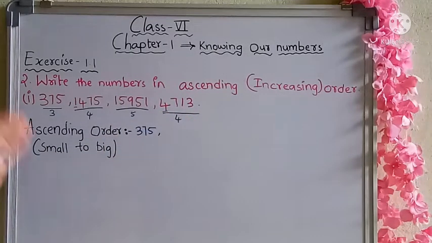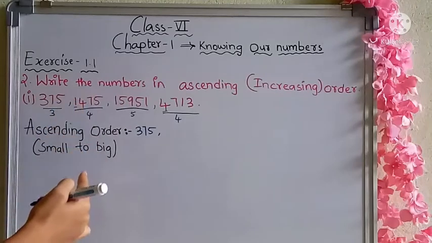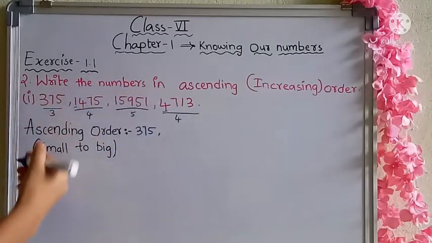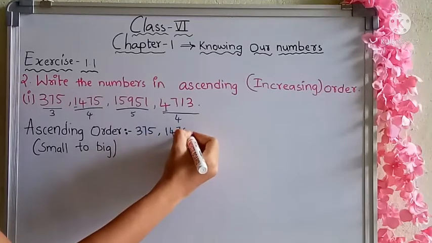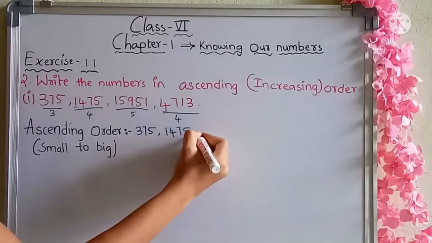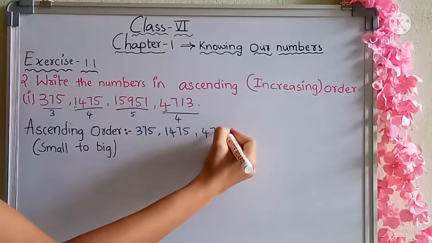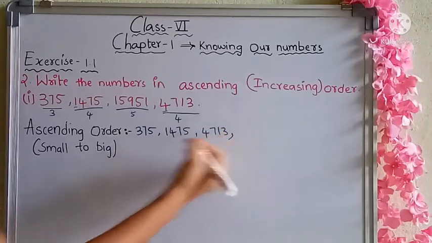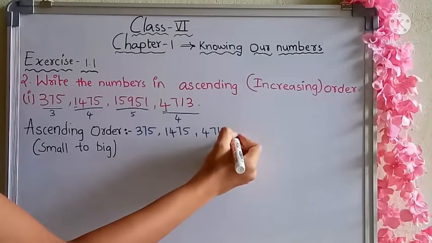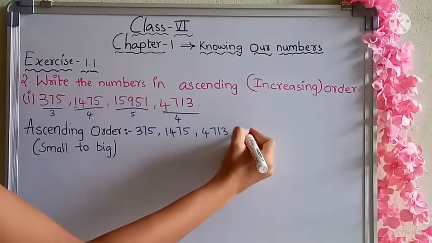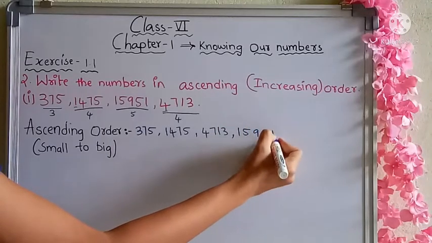So by this we can say this is the smaller number. 1000 is smaller than 4000. So we can write 1475 and then at last 4713 and then at last the 5-digit number which is 15,951.